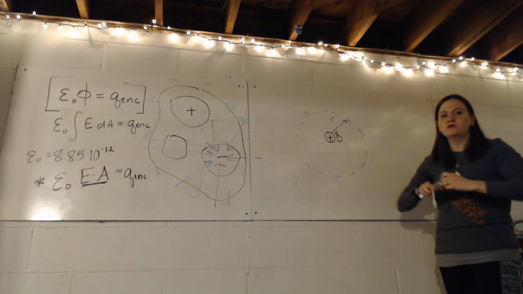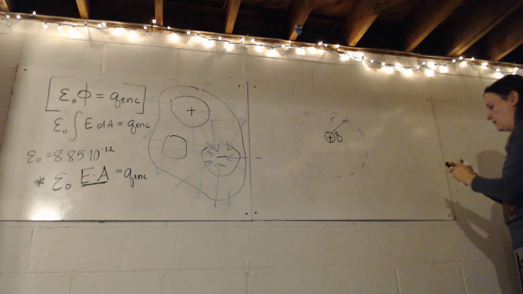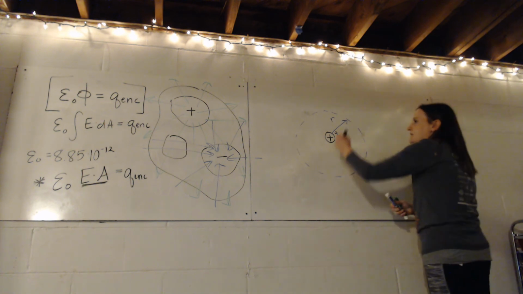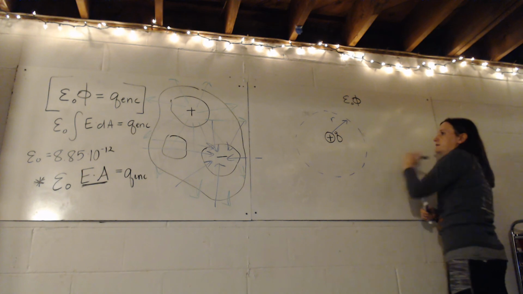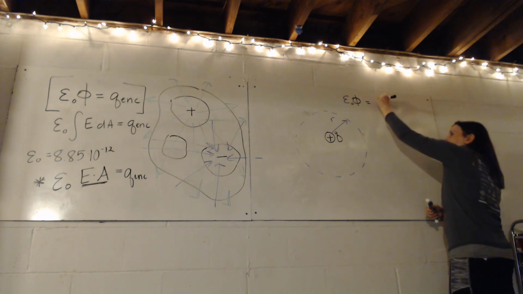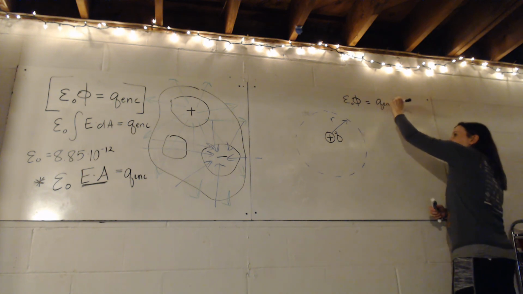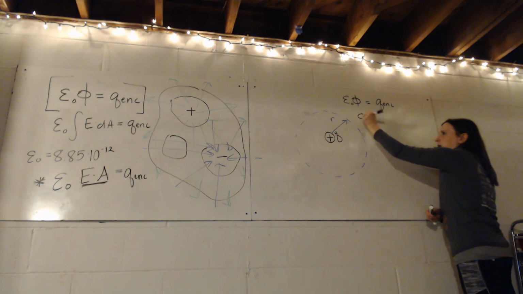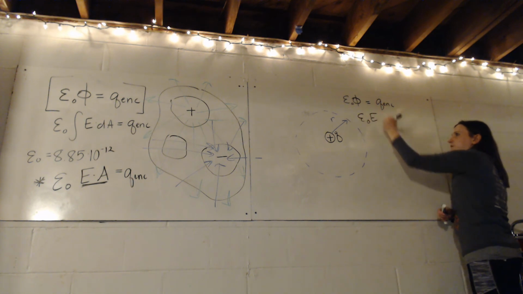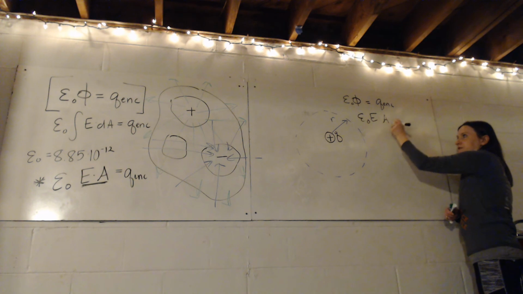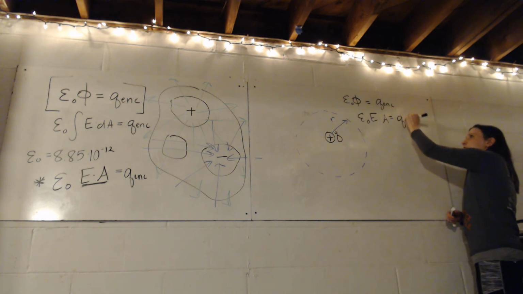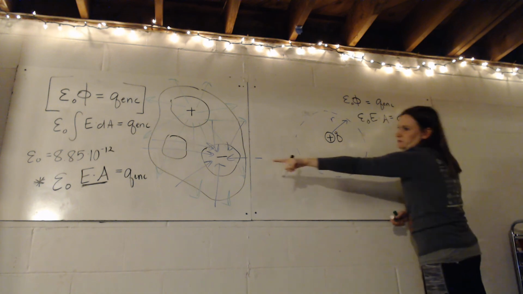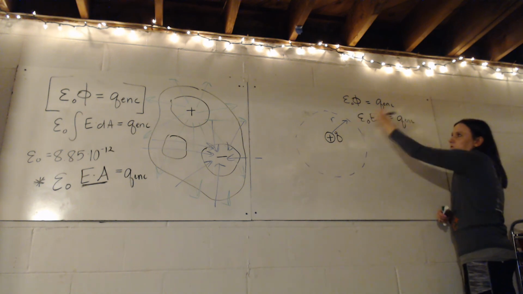So if I use Gauss's law here, I can say epsilon naught times total flux is equal to charge enclosed. Total flux is electric field times surface area that field is piercing, and this is going to equal Q enclosed. So again, this is my little asterisk equation. This is the one we use most often.